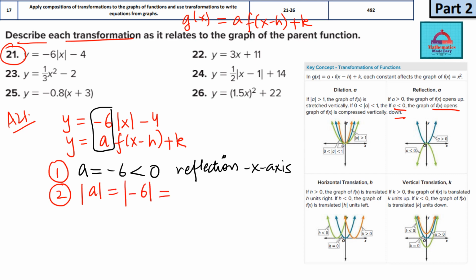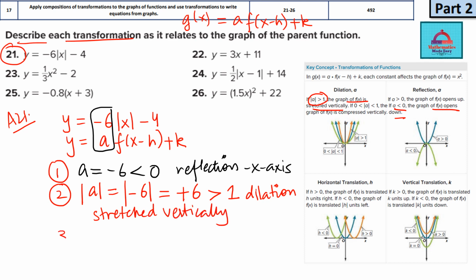Remember, absolute value always gives you positive results. So this is plus 6, which is more than 1. So if the absolute value is more than 1, the graph is stretched vertically. So what is the dilation here? This is the second transformation. So you have to select stretched vertically.